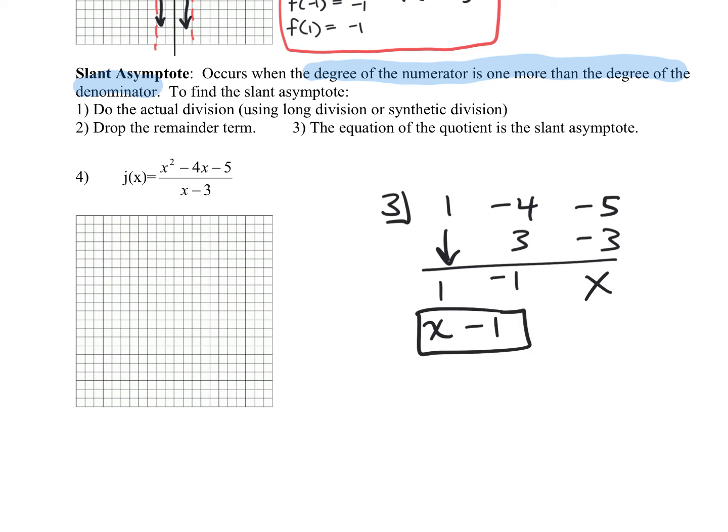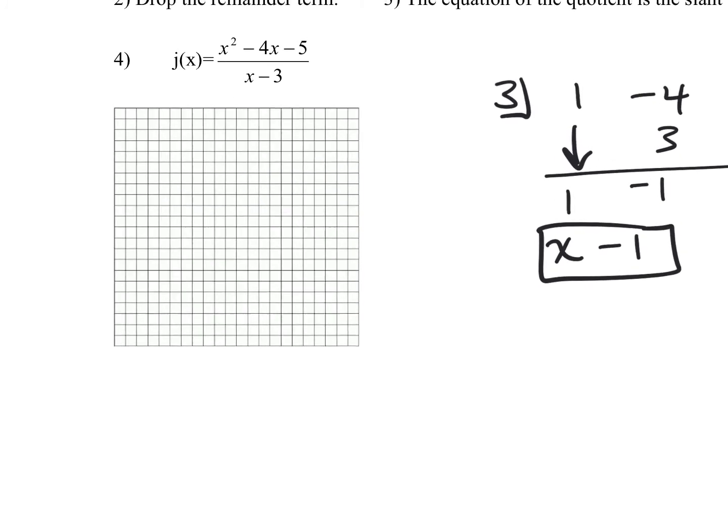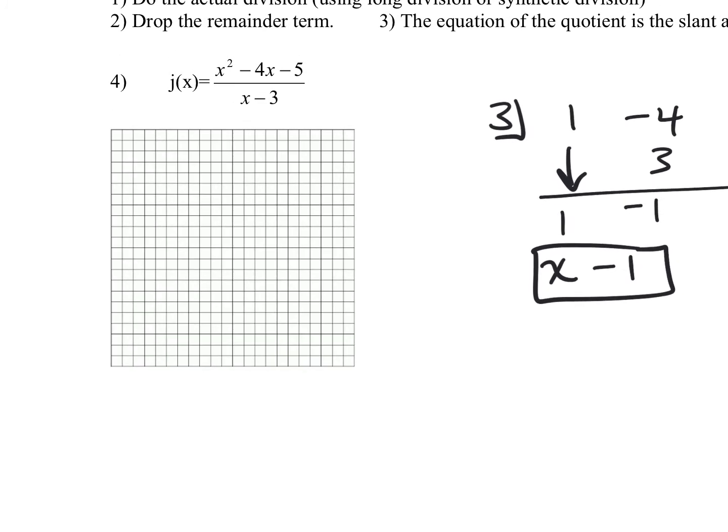Well, from there, we're going to find all our same key features. So we're going to identify our y-intercept. We're going to plug in 0 here for x, and I'll get 5/3 as the y-coordinate. My x-intercepts will come from when my numerator equals 0. We could factor this numerator.